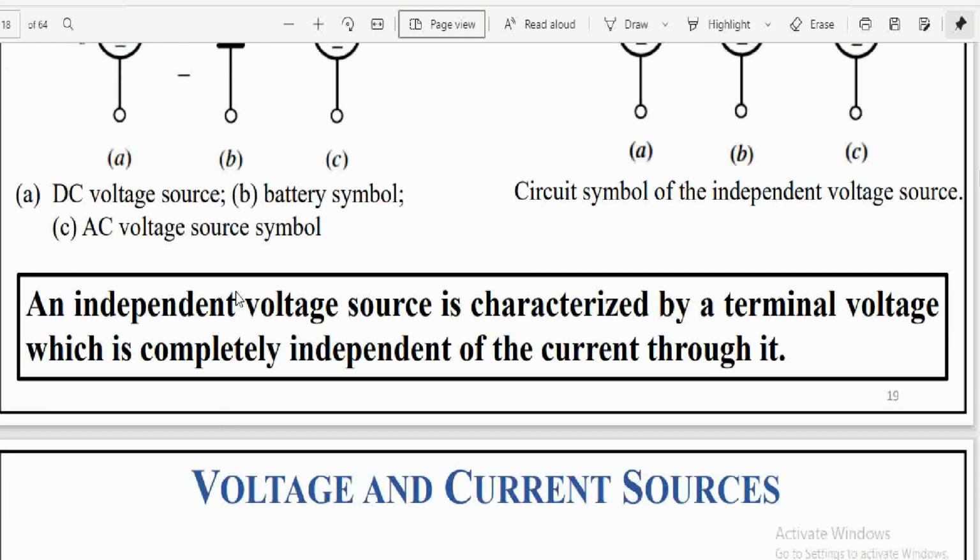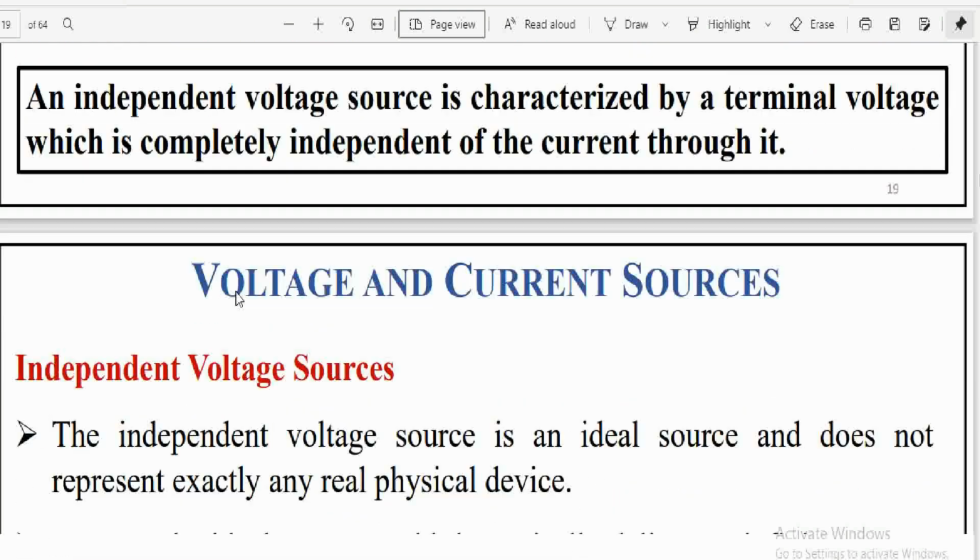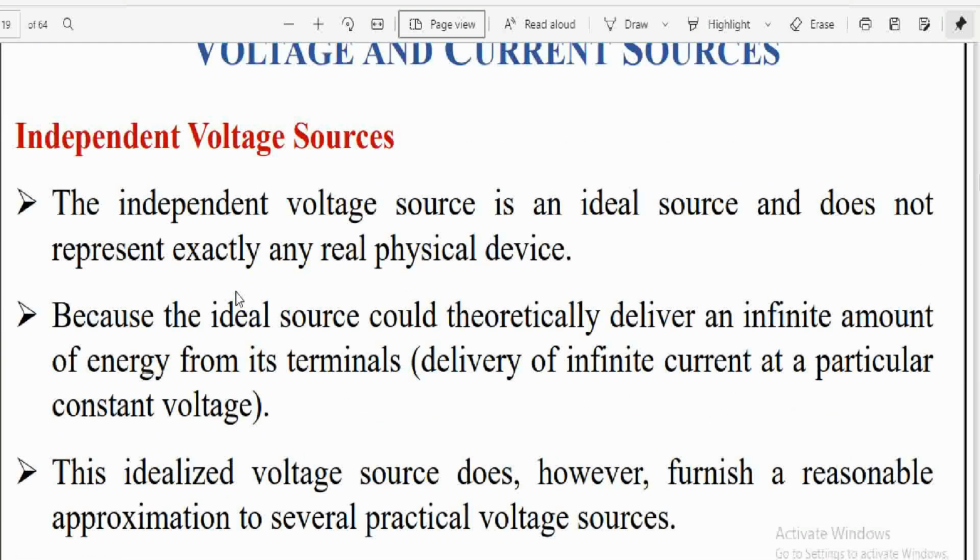An independent voltage source is characterized by a terminal voltage which is completely independent of the current flowing through it. The independent voltage source is an ideal source and it does not represent exactly any real physical device.